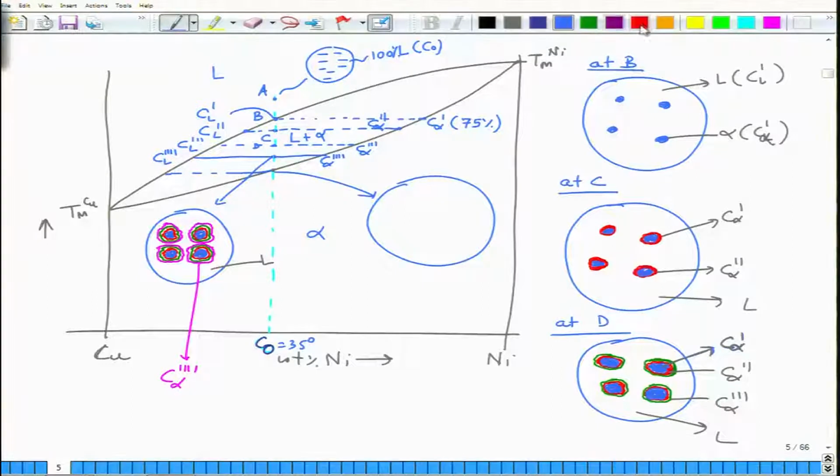your microstructure will be, so again, sorry, the blue one goes first. Then comes the red one. And then comes the green one.